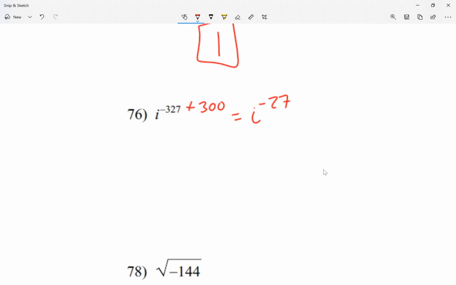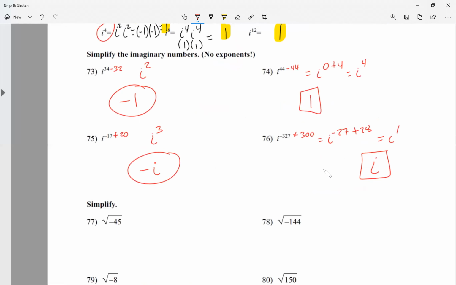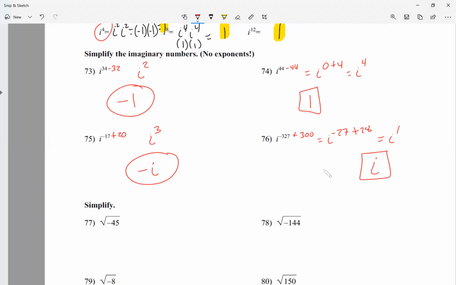I'm still at negative 27, so I have to add more. Let me add 28 because I'm going to add a multiple of 4. So this simplifies to i to the 1. According to our list, my answer is just going to be i. Let me emphasize that none of the answers have an exponent. That's why I said on the instructions, no exponents.